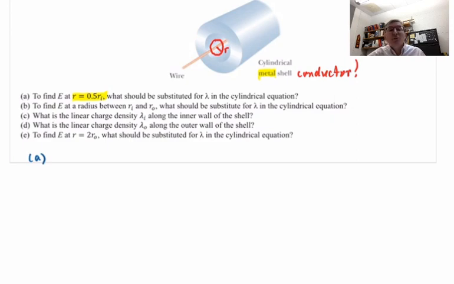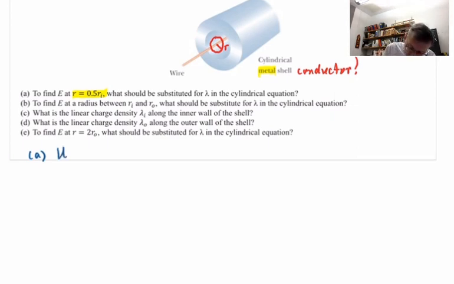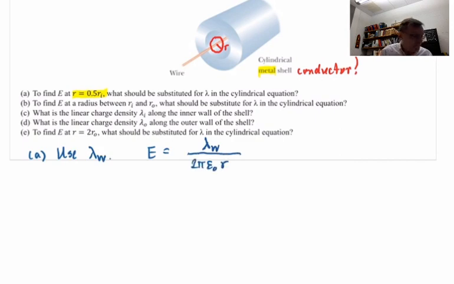So the only charge per unit length, the lambda value to use at the point we're talking about, is the lambda of the wire. That's the enclosed charge. So you use lambda W, and you get E equals lambda W over 2 pi epsilon 0 r.